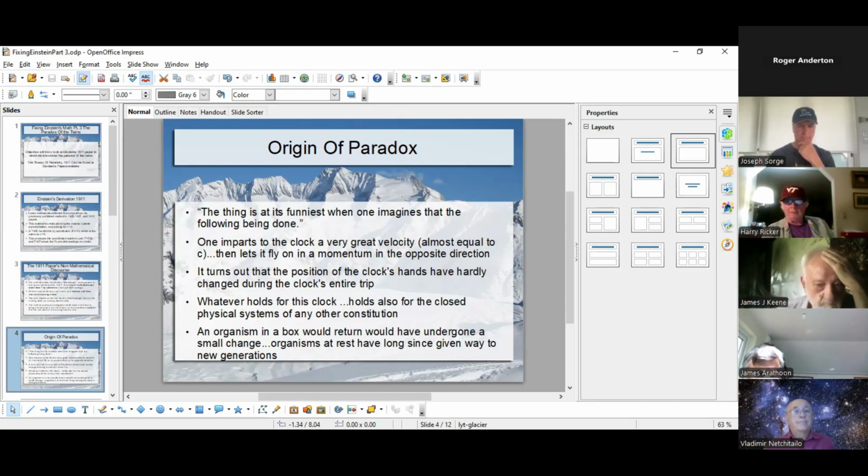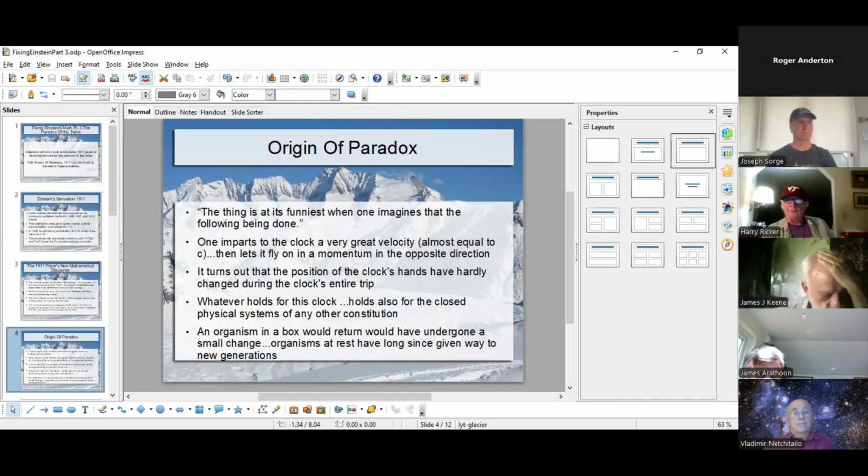Would have undergone a small change. In other words, the organism in this box that's gone out and come back at close to the speed of light is not going to age because the hands on the clock didn't move. So because the hands on the clock didn't move, the organism in the box isn't going to age.